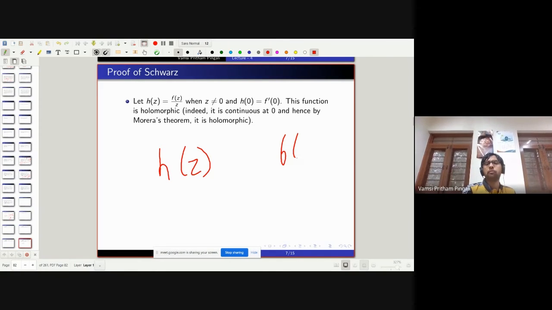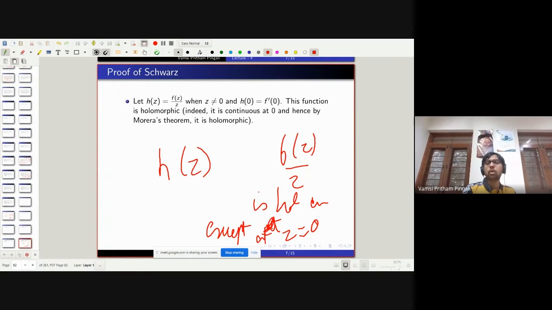Well, of course, f of z by z is holomorphic everywhere except at z equals 0, possibly, right? That's the only thing that can possibly go wrong, because whenever z is non-zero, the ratio of two holomorphic functions when the denominator is non-zero is holomorphic. So what can happen at z equals 0? Let us see that it is indeed complex differentiable.